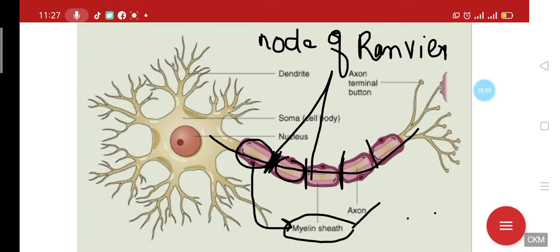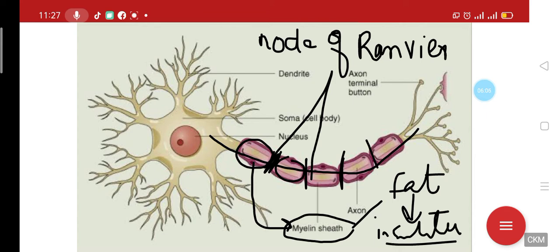Basically, students, you know that the myelin sheath is made up of fat, and fat is an insulator. Then if fat is an insulator and the myelin sheath is present, how is the nerve impulse passing through? When the dendrite sends the message to the cell body, the cell body transfers the message to the axon, and the message jumps over the myelin sheath, from node to node, node of Ranvier to node of Ranvier.